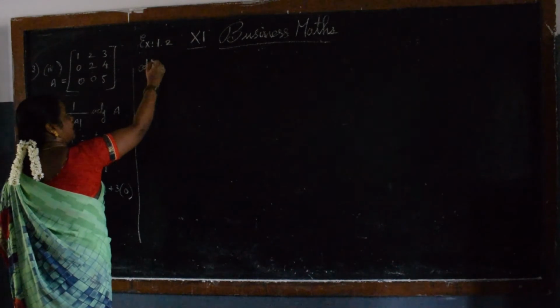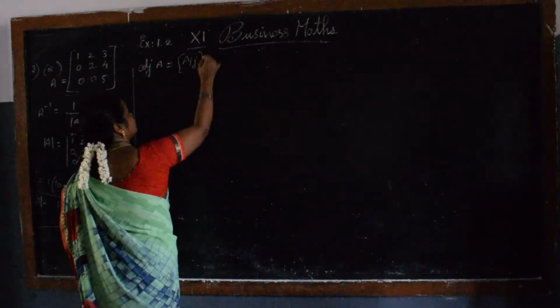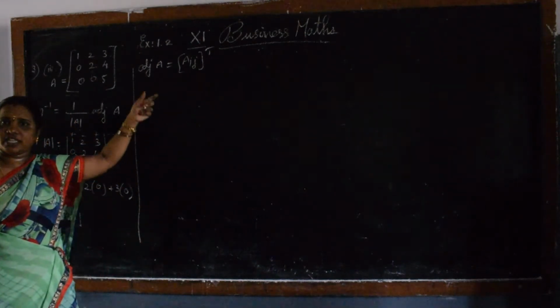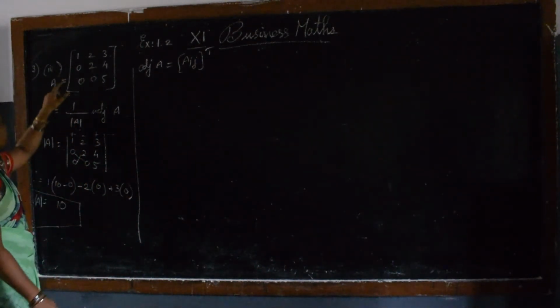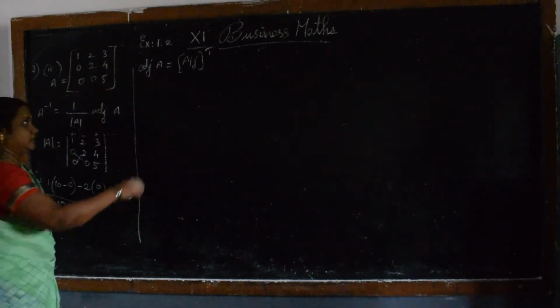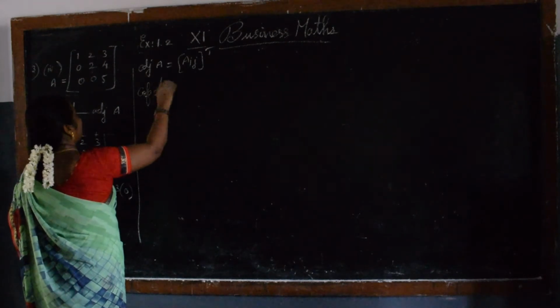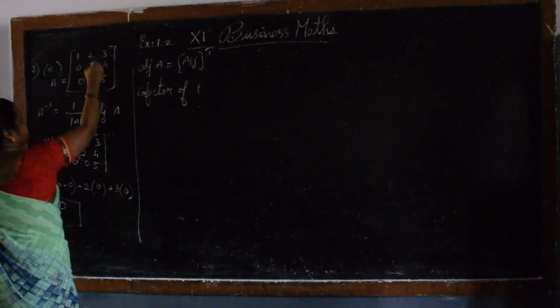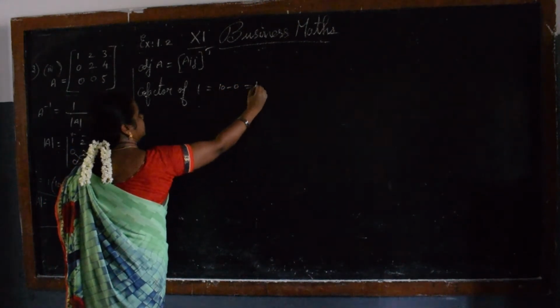This and all you should write. Adjoint of A is the transpose of the cofactor matrix. For this they will give 1 mark, so just write the formula for this. Now for all the elements find the cofactor. Cofactor of 1: 5 2s are 10 minus 0, that is 10.